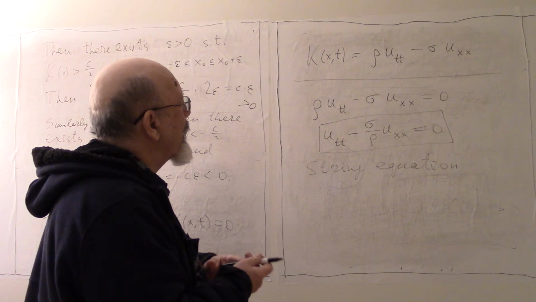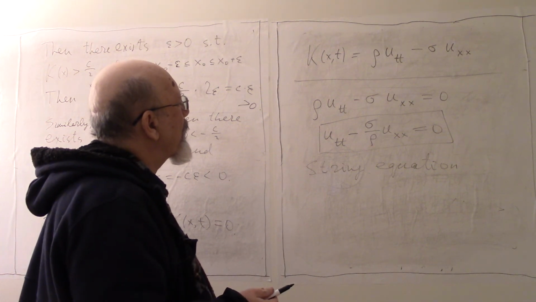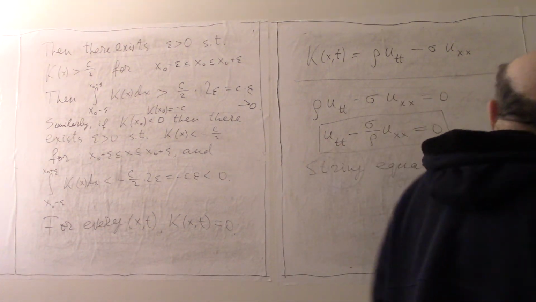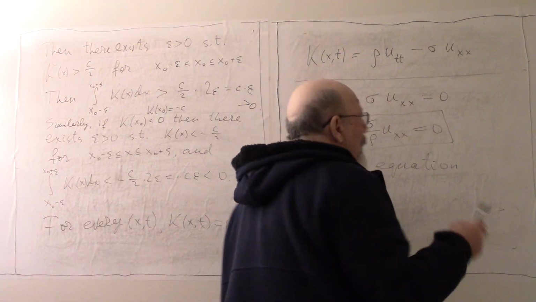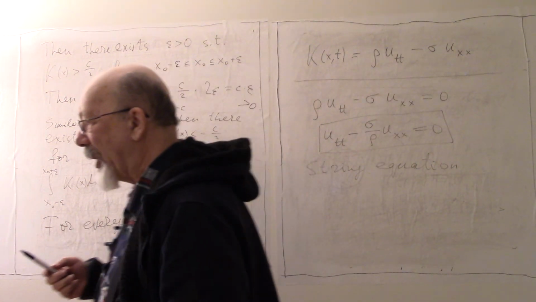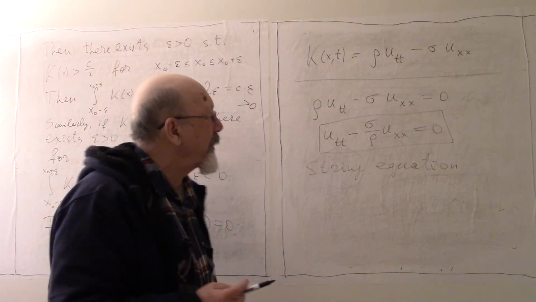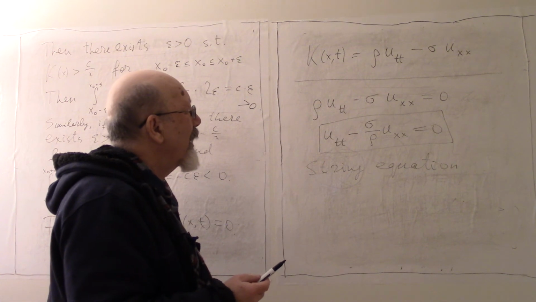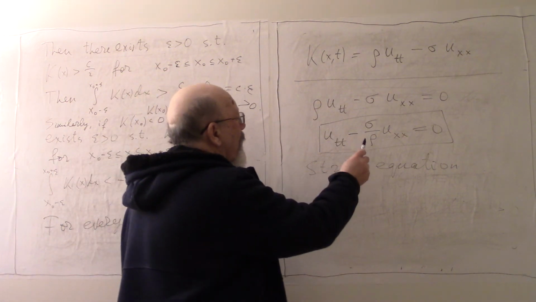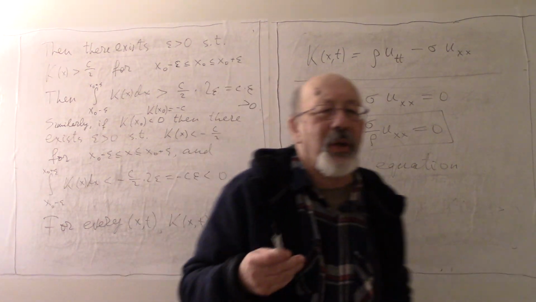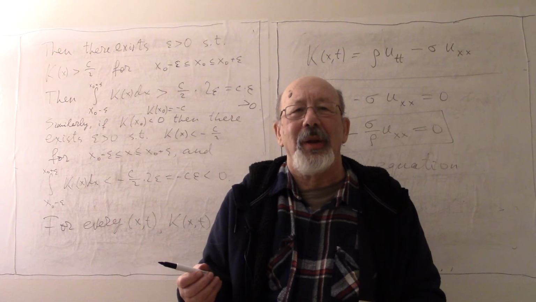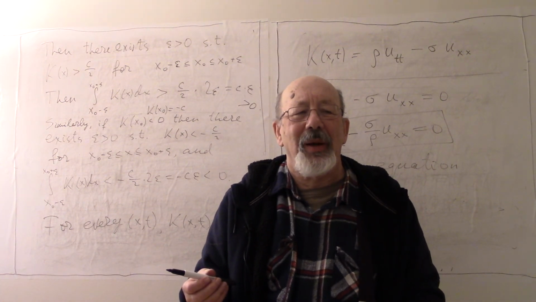It is a universal equation. Here we have the coefficients sigma and rho, which are important for any practical problem, but for our theory we can set sigma and rho equal to 1. It can be achieved by the choice of units, for example.